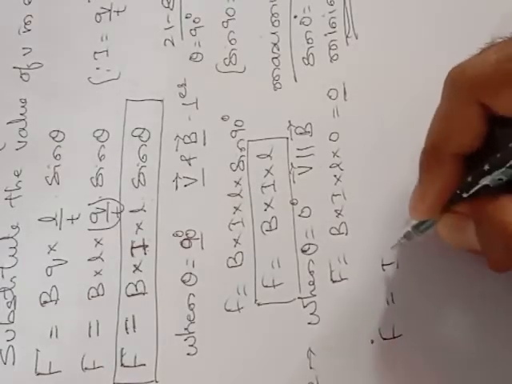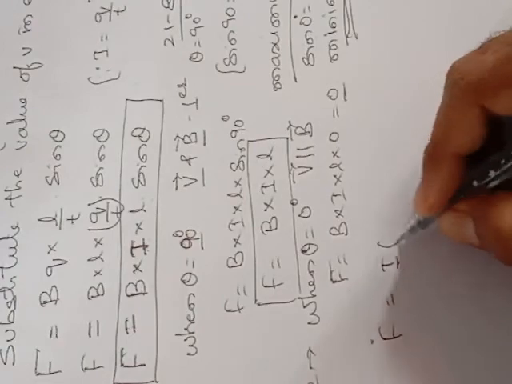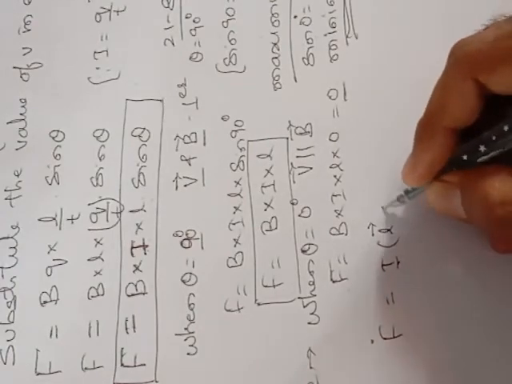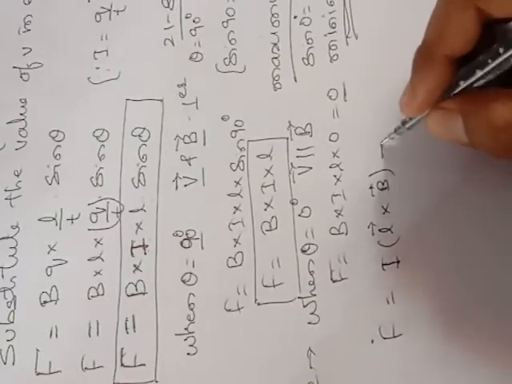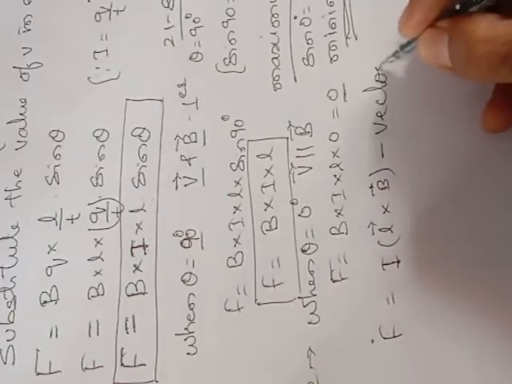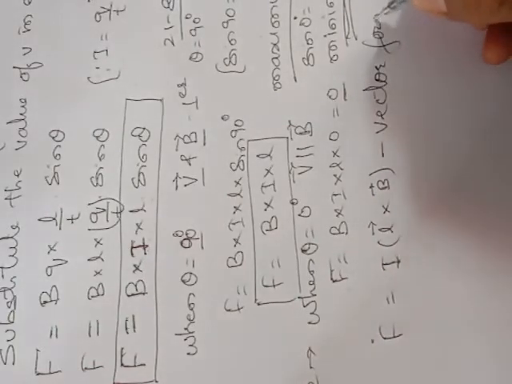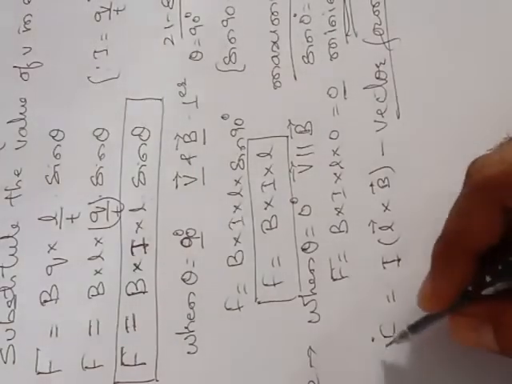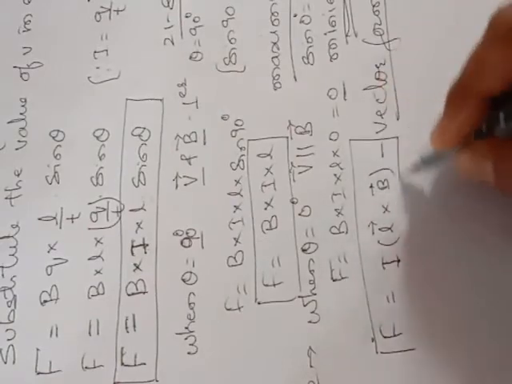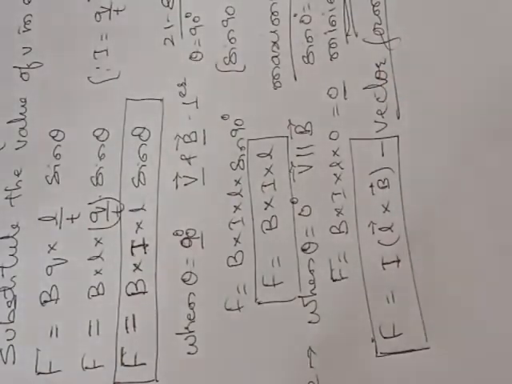So the vector form will become I into L cross B. This is the vector form of the force acting on a current carrying conductor: F is equal to I into L cross B.